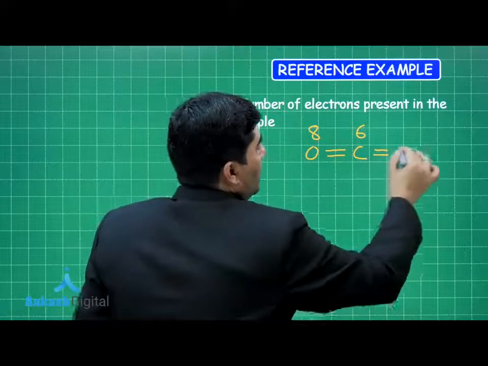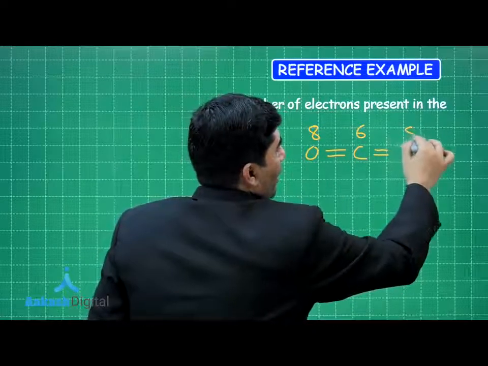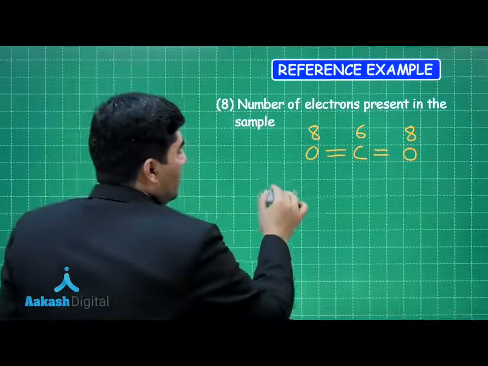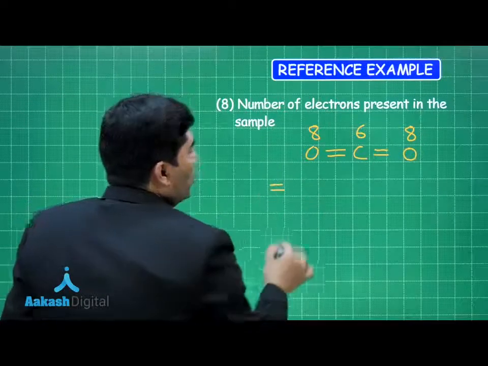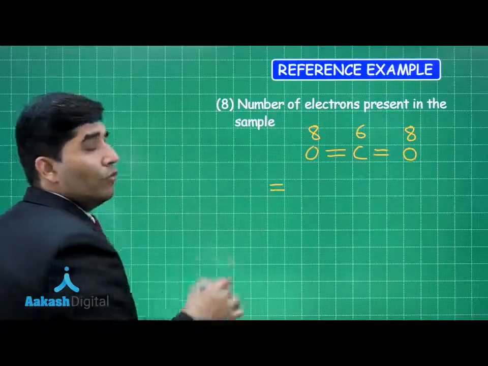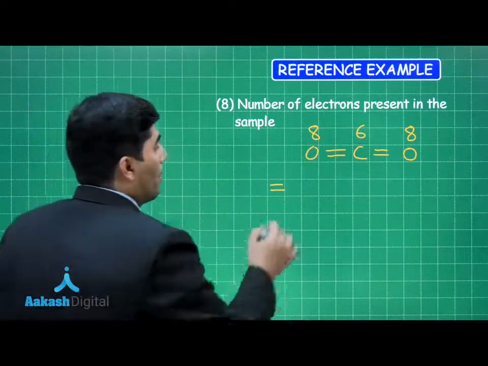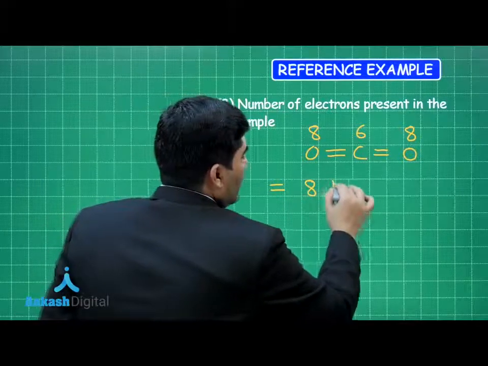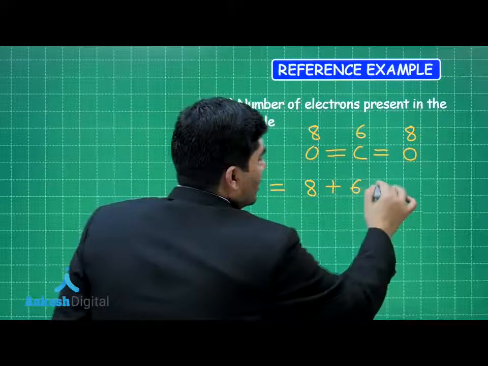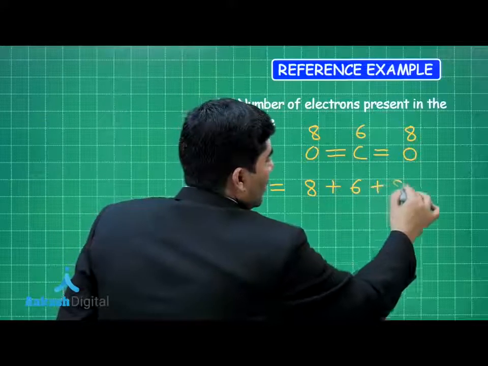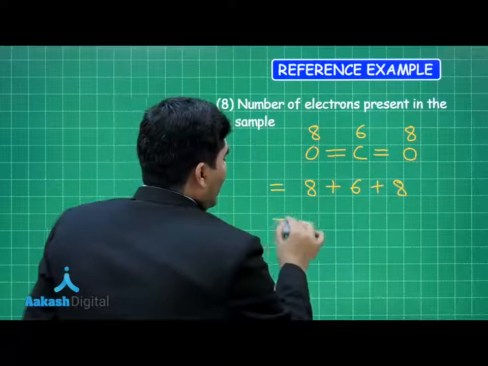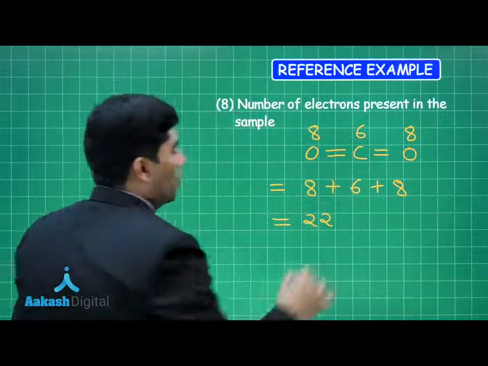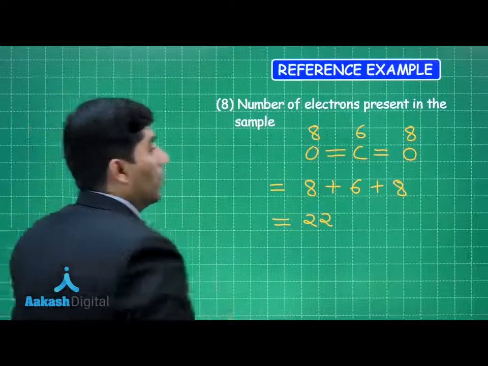Carbon is equal to 6 and again oxygen 8. So, what is the total number of electrons present in one molecule of CO2? That will be equal to 8 plus 6 plus 8, and that is equal to 22, right?